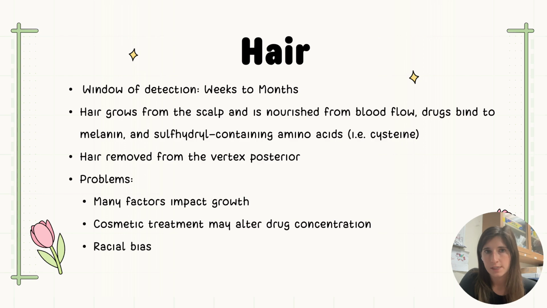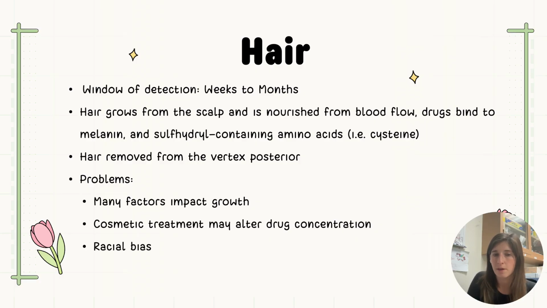So, some problems with hair testing is that there's a lot of factors that impact hair growth. So, age, race, disease status, nutritional deficiencies, and pregnancy are all aspects that can be known to influence the rate of hair growth or the length of the hair in the rest period before it falls out. There's also cosmetic treatments that may alter drug concentrations in the hair. So if you're bleaching your hair, you're removing the color from it.